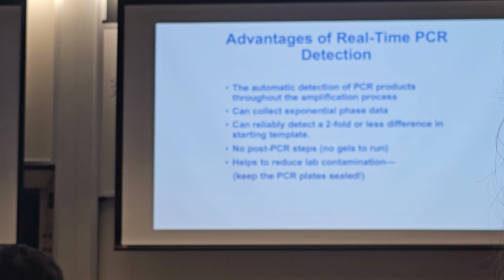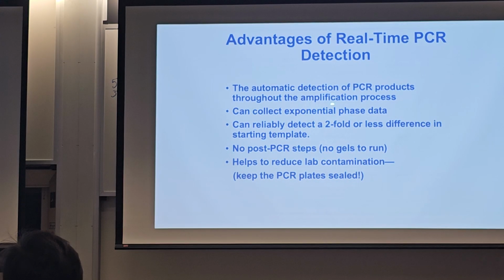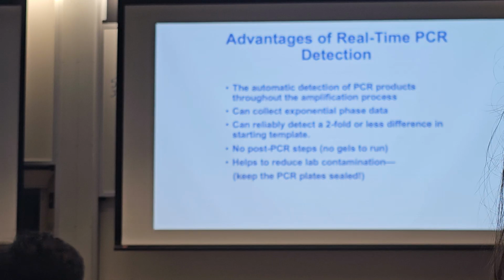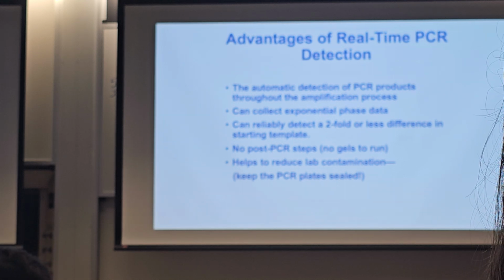By doing this, we're going to know where in the run everything is exponential, so that we can do that back calculating. This kind of RT-PCR can reliably detect twofold or less difference in starting template. 1.3 or 1.2-fold difference can also be reliable if you do replicates.